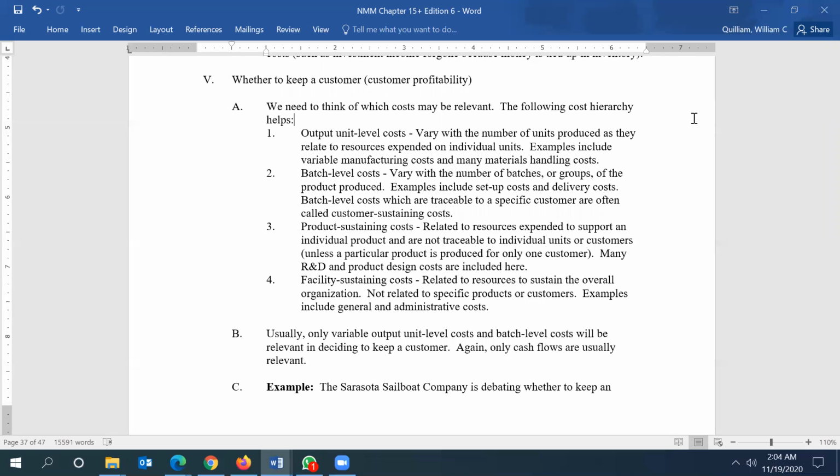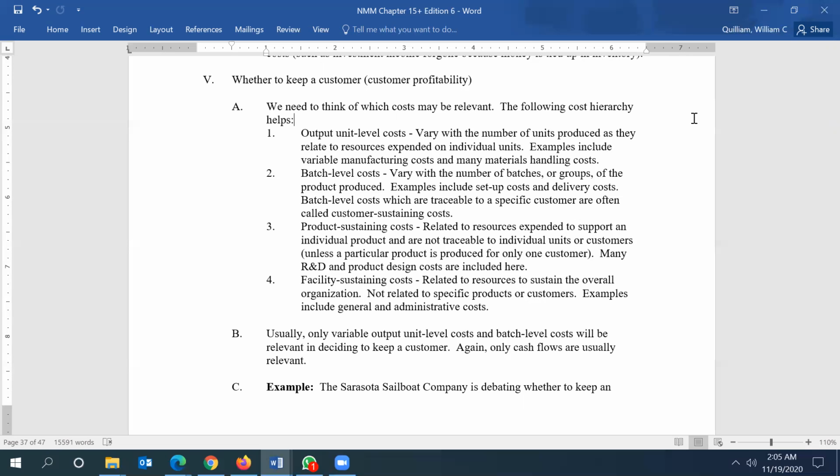And they don't do that over on Bartow Highway. They are exclusive to Publix. Also delivery costs, because we deliver a batch of the product. Batch level costs, which are traceable to a specific customer, are often called customer sustaining costs, which they are for Publix.